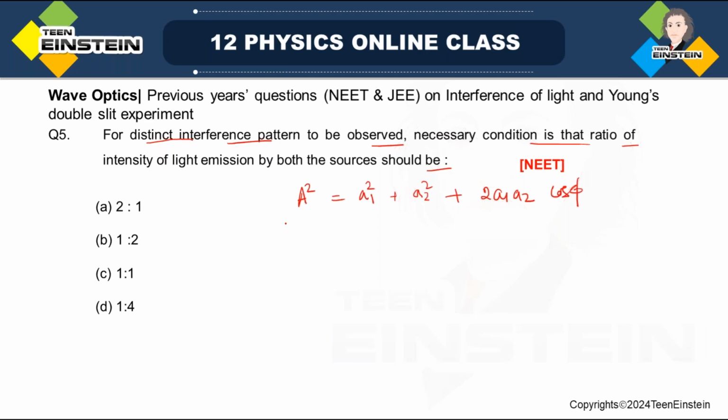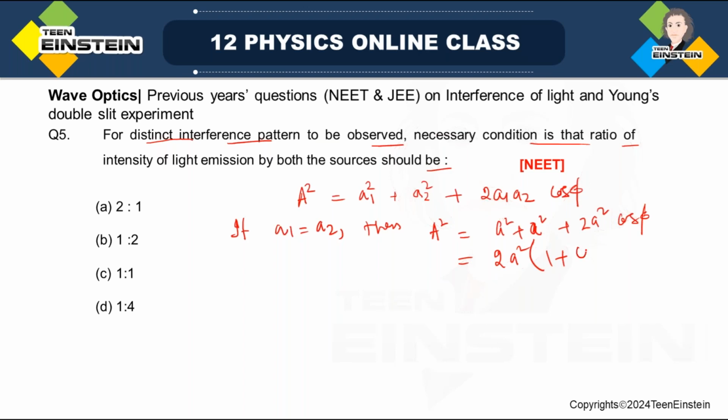Now look, if a1 is equal to a2, then this A square will be a square plus 2a square cos of phi, right? That means if I take 2a square common, it will be 2a square times (1 plus cos of phi).